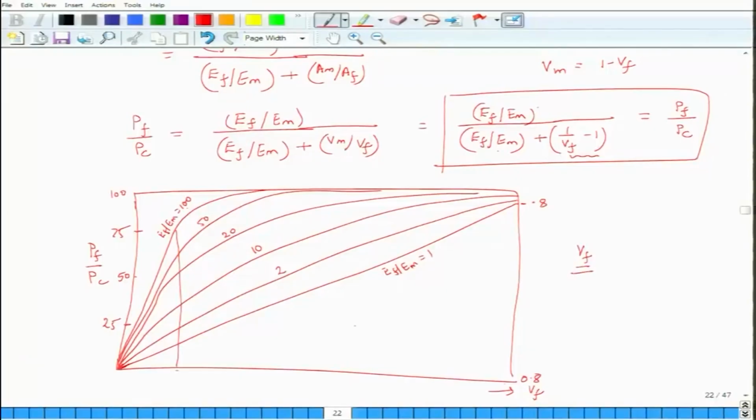Naturally we would want to maximize Vf as much as possible, but for practical reasons it is very difficult to increase Vf over 80%, because once you have more than 80% fiber, the matrix material finds it hard to flow between all the fibers and stick them together.